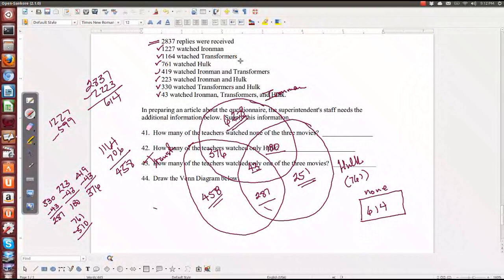I have to be careful and not add up 1227, 1164, and 761, because I'll end up with more than 3,000 people. That's because some of these people are counted twice, and 43 of them are counted 3 times.